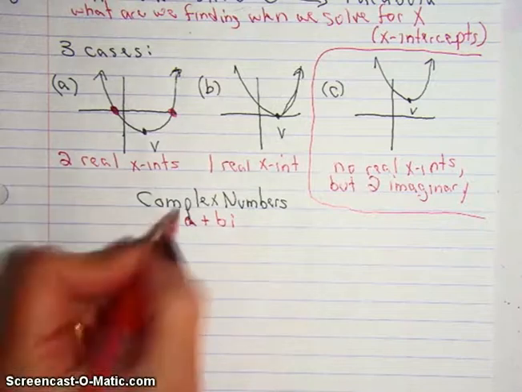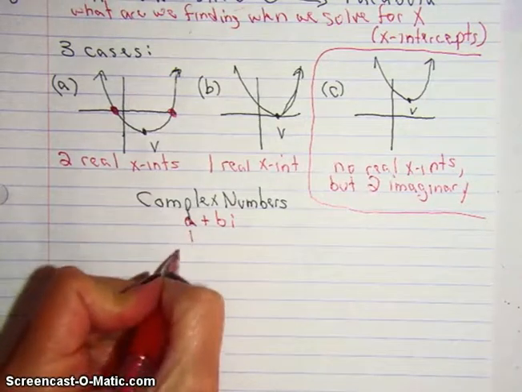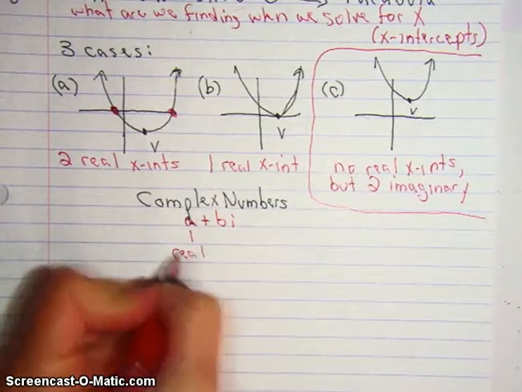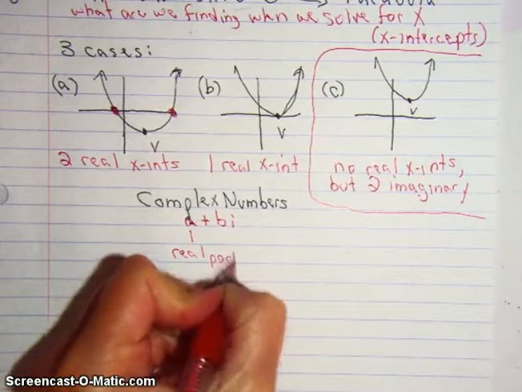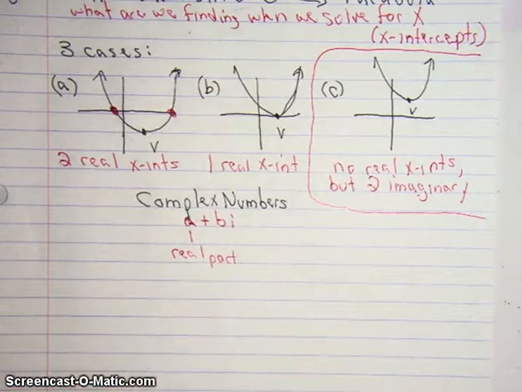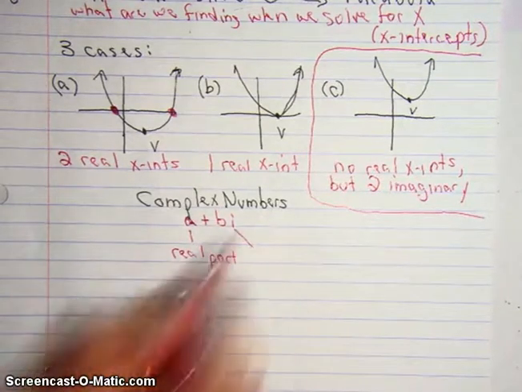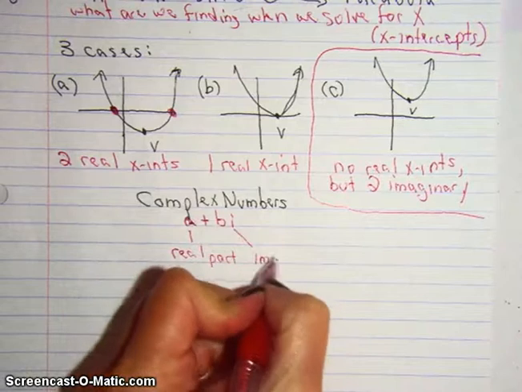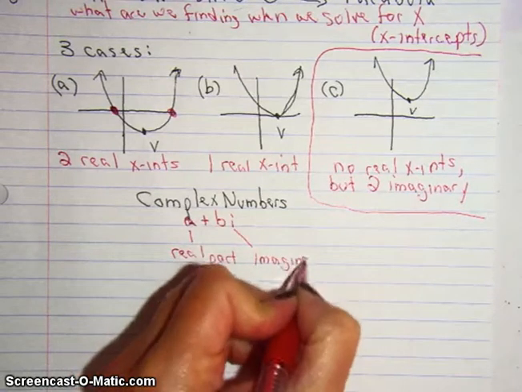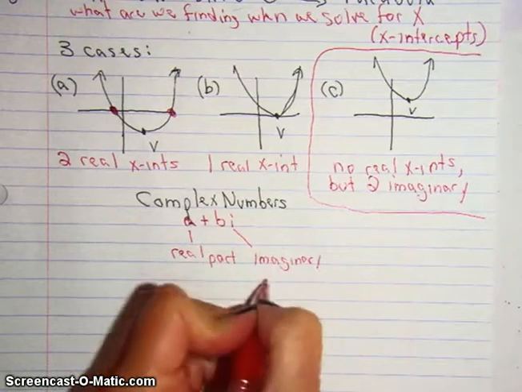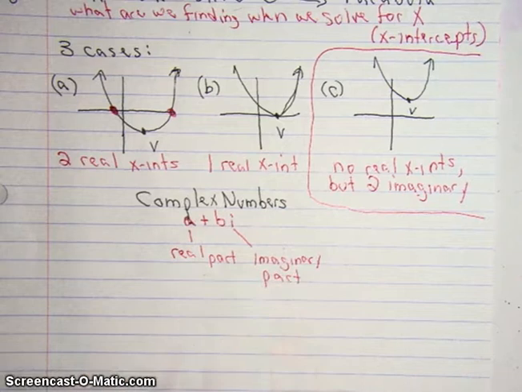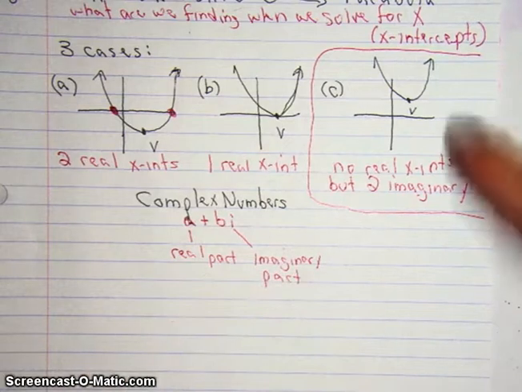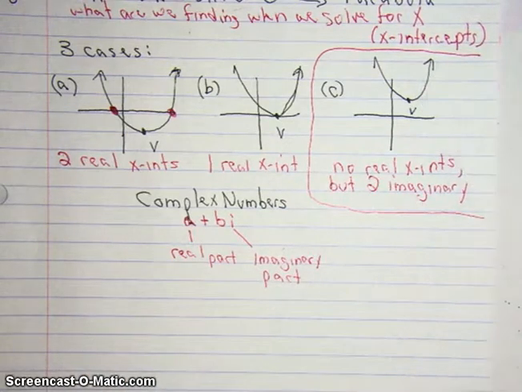No? Okay, a is called the real part. bi is called the imaginary part. If we didn't have complex numbers, we couldn't solve this equation. So that's why we have to have complex numbers.